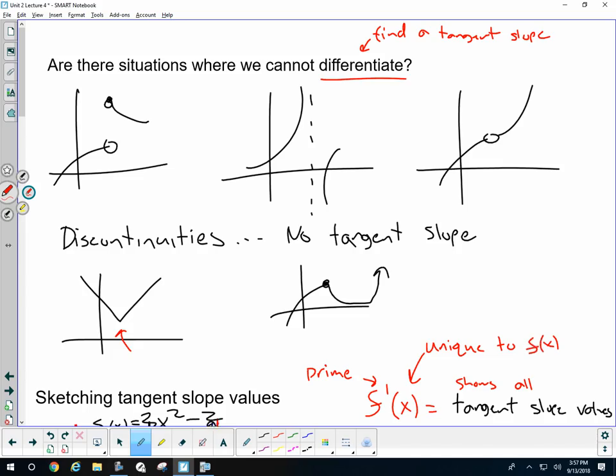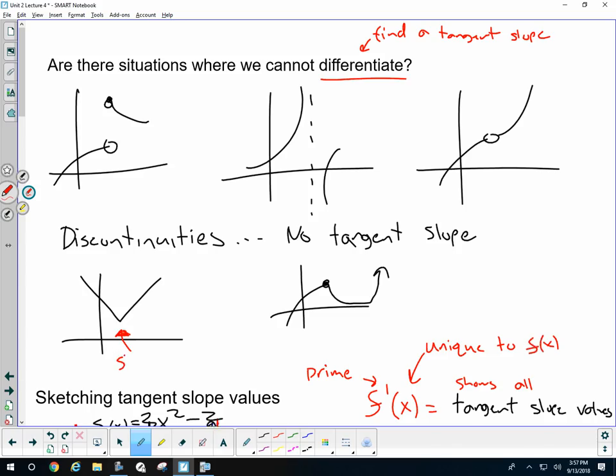I'm not sure. If I look at the slopes to the left and the slopes to the right, they're different values. It's almost like I want to draw a horizontal line, but it's not going to mimic the function because the function has a sharp value. It's not flattening out like our other zeros, okay? So at this location, very good guess and assumption there, at a sharp point, there's no tangent slope.